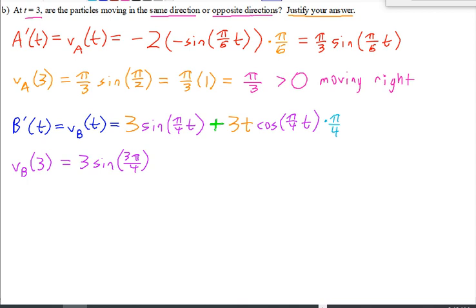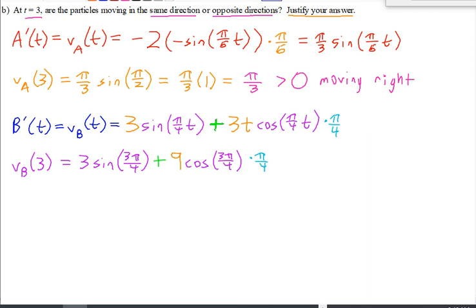Plus, substitute 3 there, you get 9, and the cosine of 3 pi over 4, and then times pi over 4.